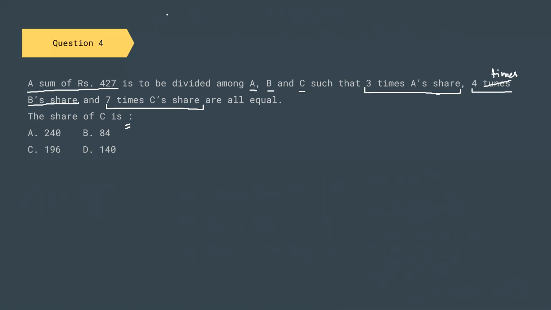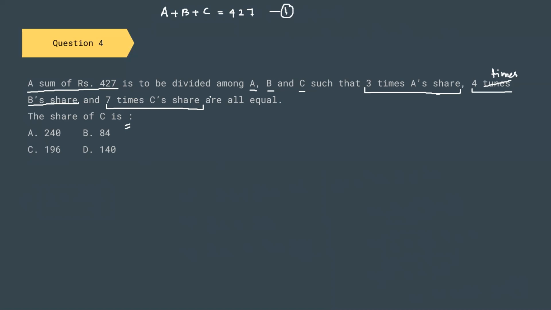So let us assume that the share of A is A, share of B is B, and share of C is C. So we can write that A plus B plus C equal to 427. This is our equation number 1.